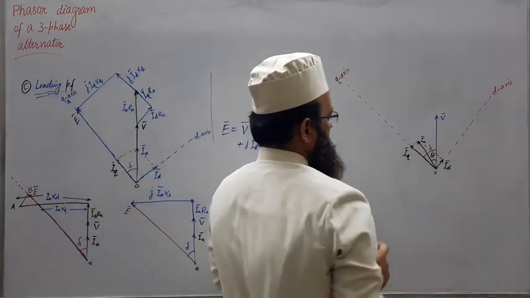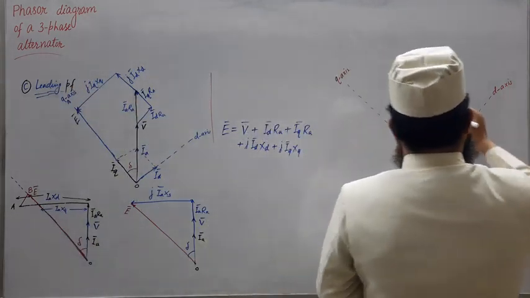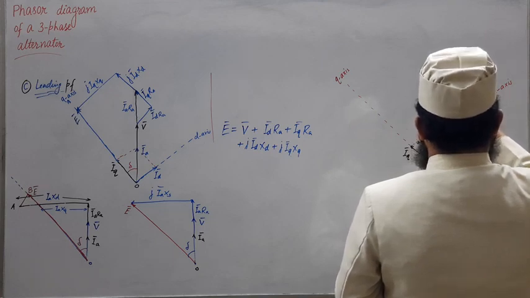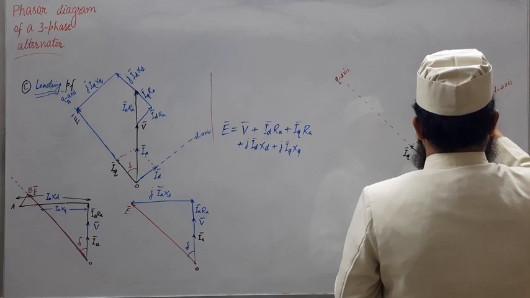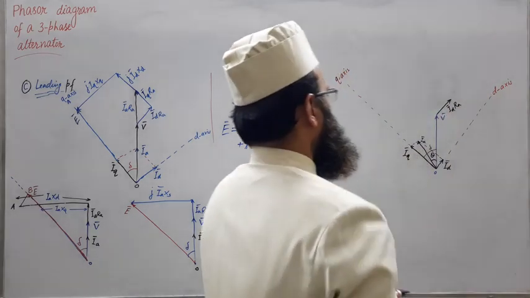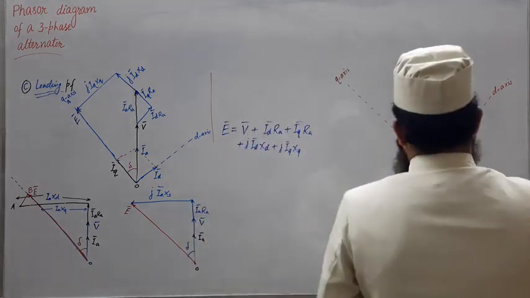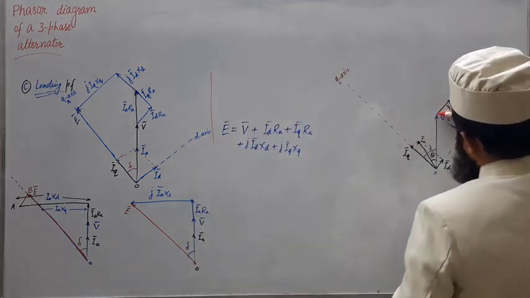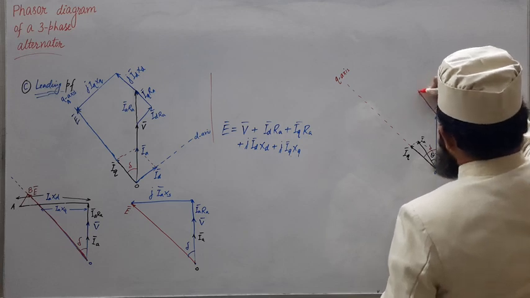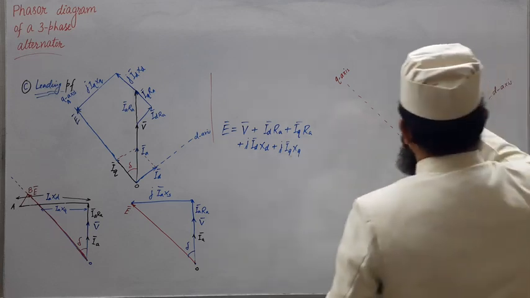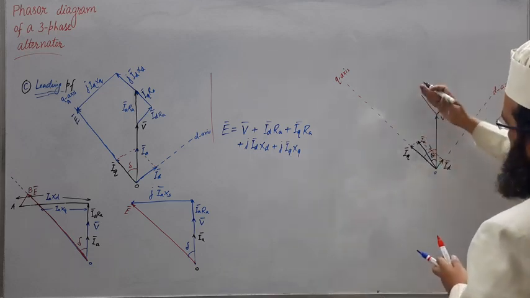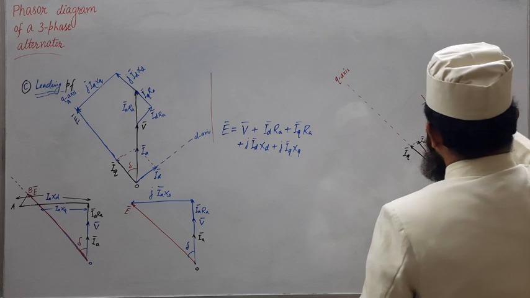So from V we will draw ID RA. Our aim is to draw the IA RA drop along IA. So let us take this somewhere, we will see where it is going, somewhere in parallel with IA, let us assume. So this is the IA RA drop.